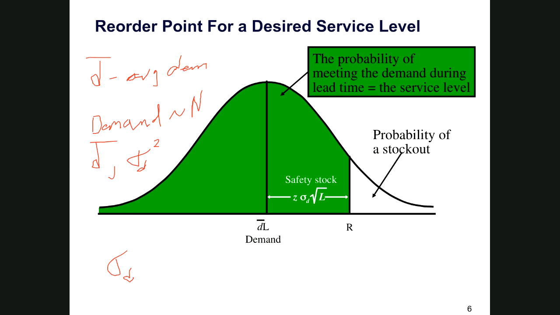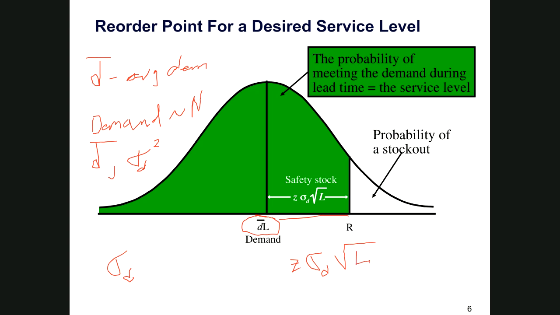So from this lead time demand, we're going to add this amount of safety stock, which is our Z value that's associated with our service level, times sigma sub D times the square root of the lead time.